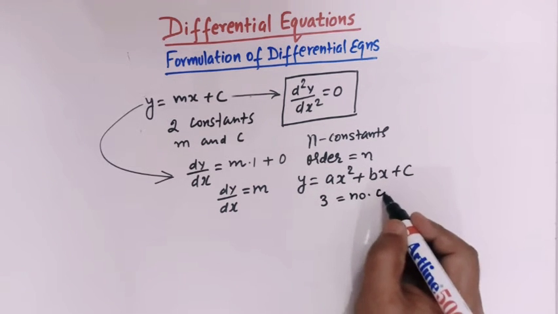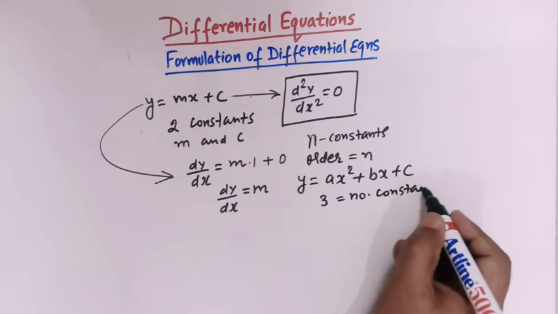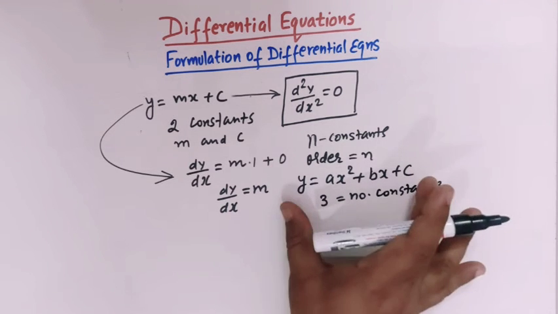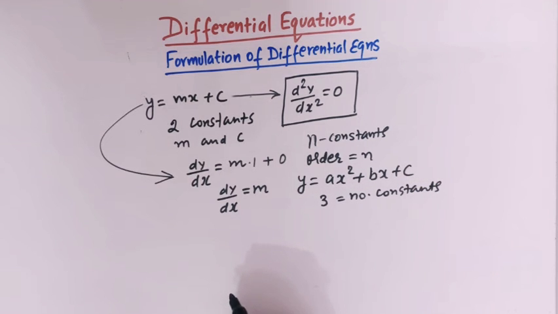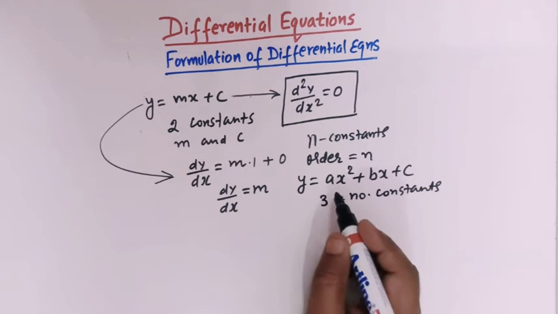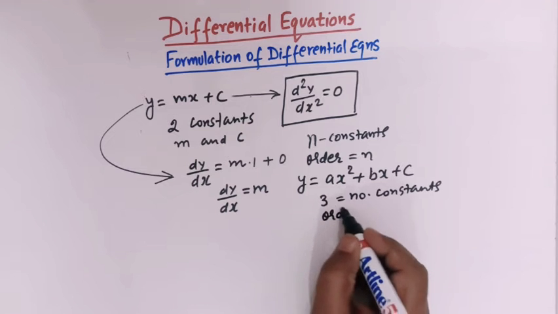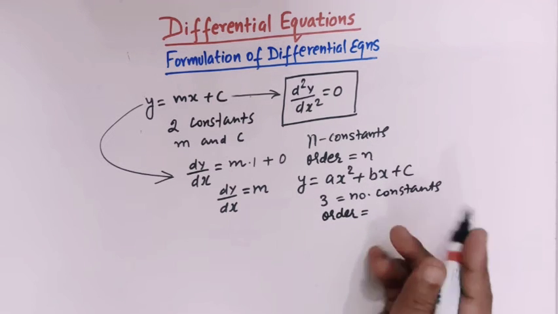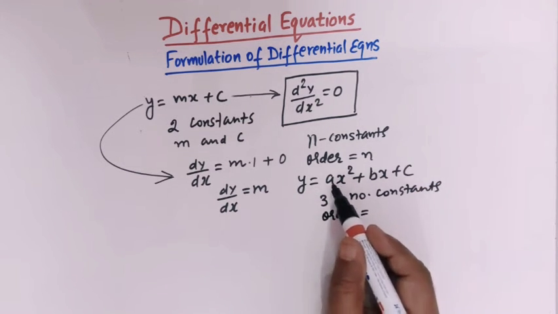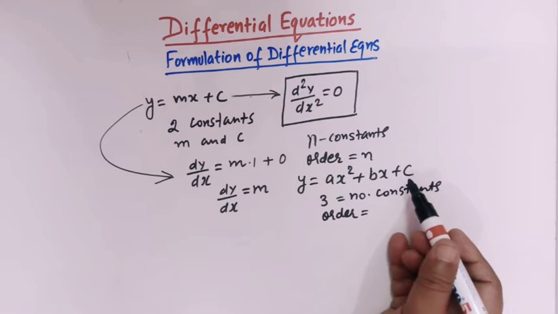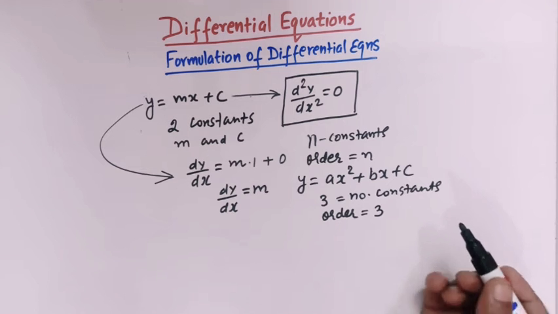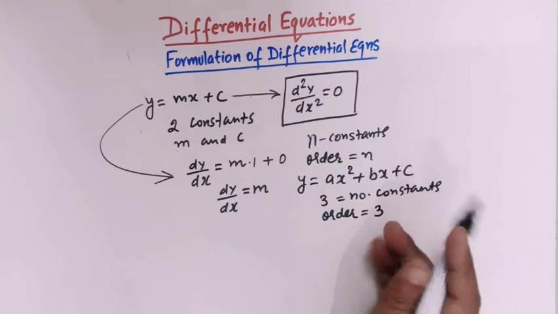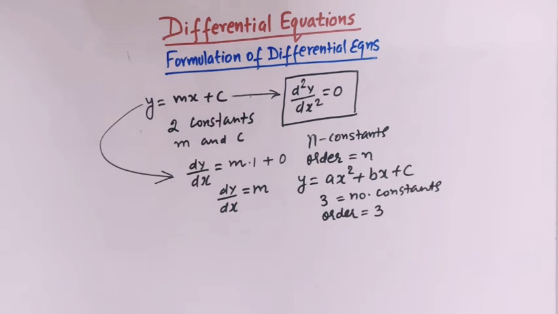So we have to differentiate this Cartesian equation 3 times, or in other words, the order of the differential equation which will be obtained by eliminating a, b and c will be 3. So let us find the differential equation corresponding to this general solution.